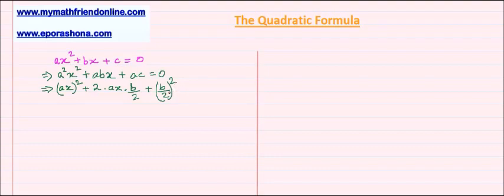Now we have introduced this new term b by 2 whole square. But we cannot introduce any new term in an equation because the value will get changed. So as soon as we add a new term, we have to subtract that as well. So we write minus b by 2 whole square plus ac equal to 0.